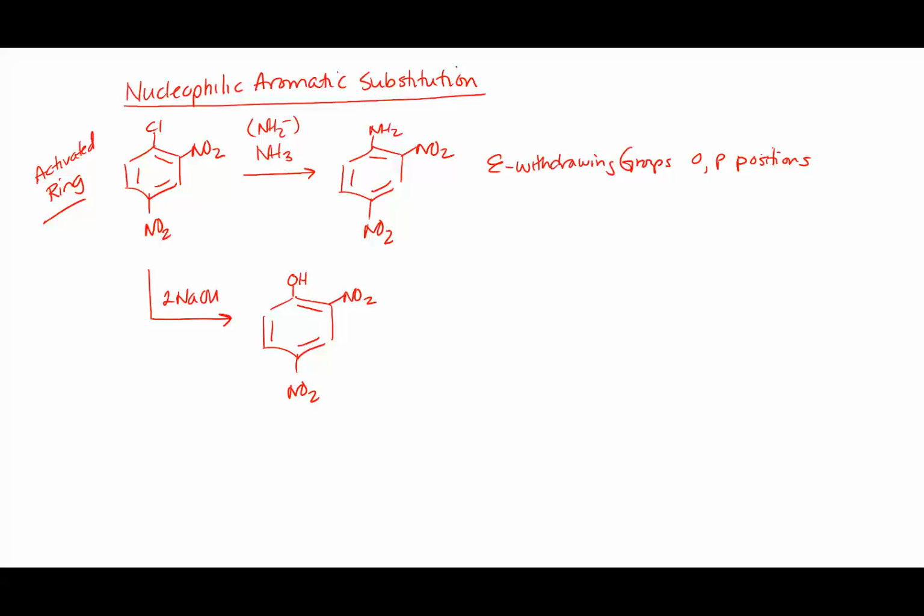Exactly opposite of electrophilic, where the NO2 would deactivate the ring. Okay, so that's what we need to look at in terms of that mechanism. And so we're going to do this with 2 nitro groups at the ortho and the para positions. So our mechanism is going to look something like this.